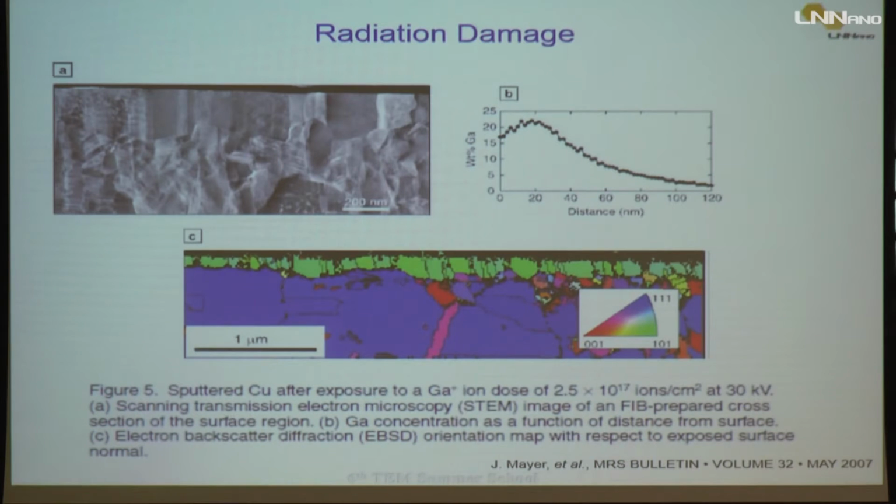Some of the gallium ions will go inside your sample and will stay implanted. It's common, when you use this kind of technique, to expect some gallium near the surface of the worked material.